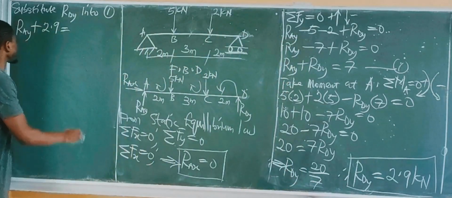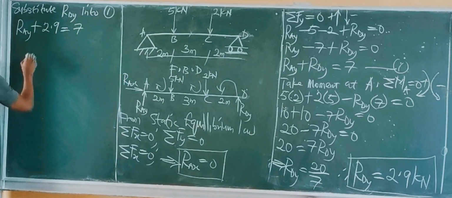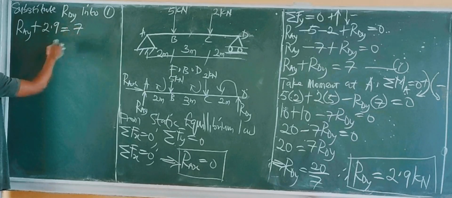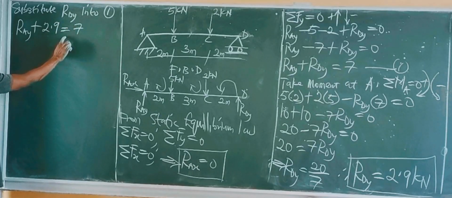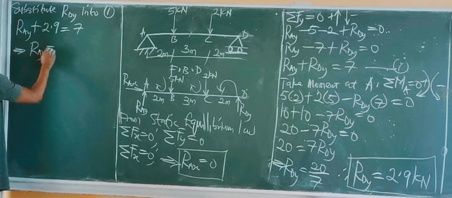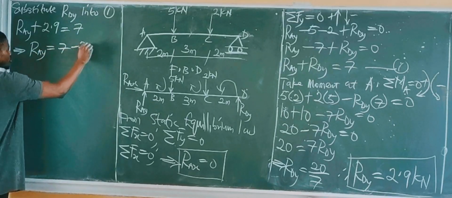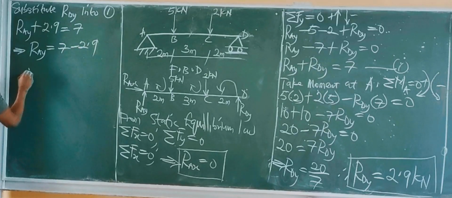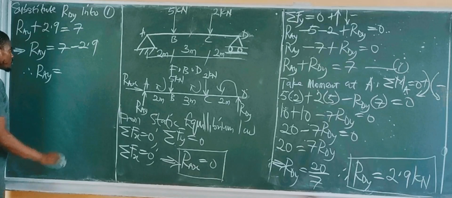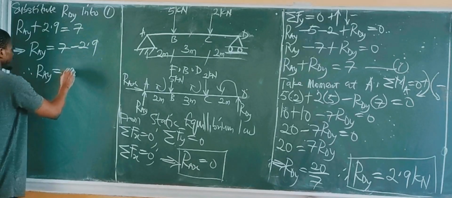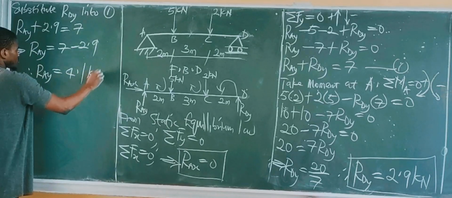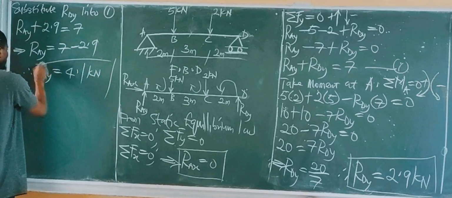So to make RAY subject, simply send plus 2.9 over to this side. Positive sign, constant, equal to sign becomes negative. So that simply implies that RAY is now equal to 7 minus 2.9. Therefore, RAY is equal to 4.1 kilonewtons. We have that.